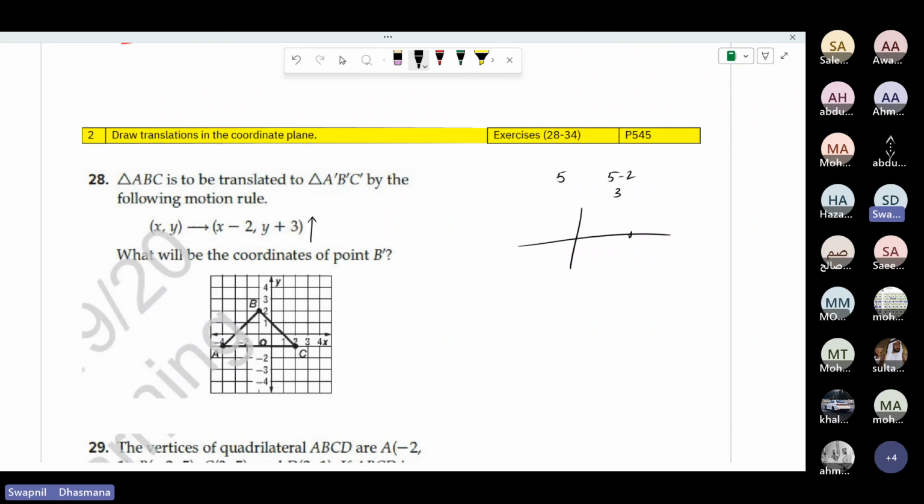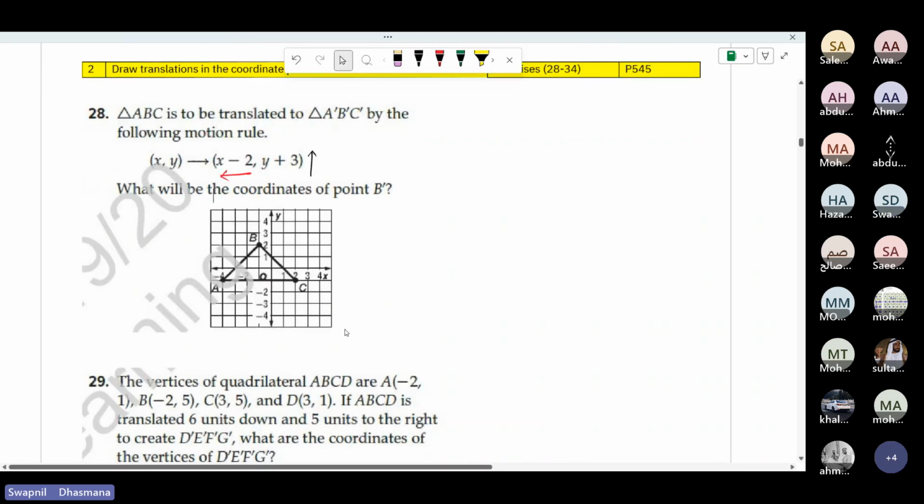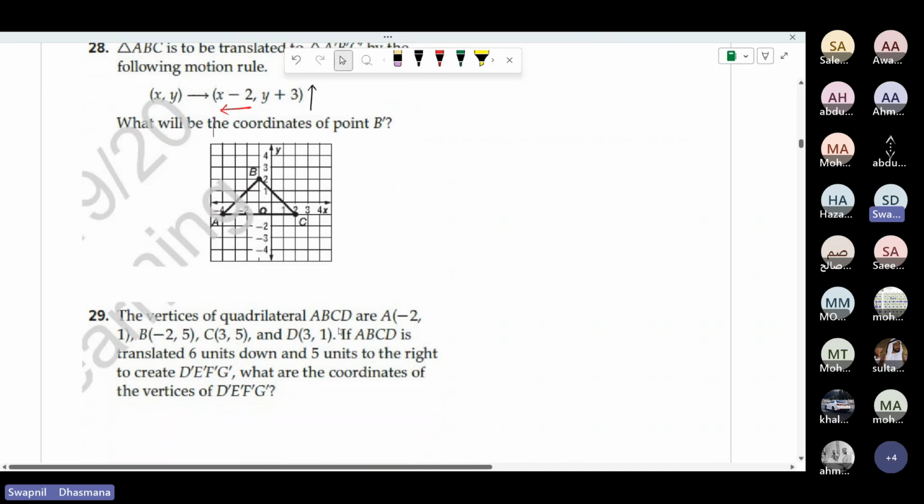So X is 5, now it is 3, so it moves left. So this is not a function, this is points. So minus means left. So if I do X plus 2, every point goes right 2, and plus 3 means it goes up.